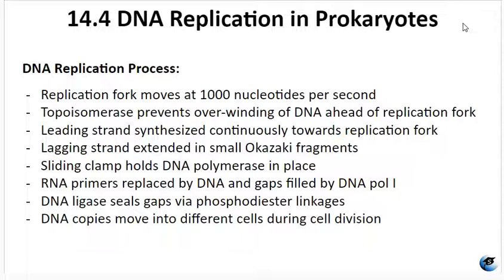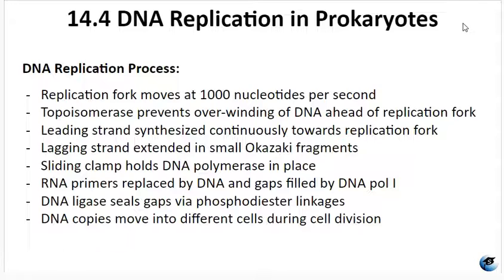Each Okazaki fragment requires a new primer to initiate synthesis, and a sliding clamp protein provides the DNA polymerase a place to bind to, and it keeps it there while it's adding nucleotides. The leading strand extends from a single primer, while the lagging strand requires multiple primers, one for each Okazaki fragment.